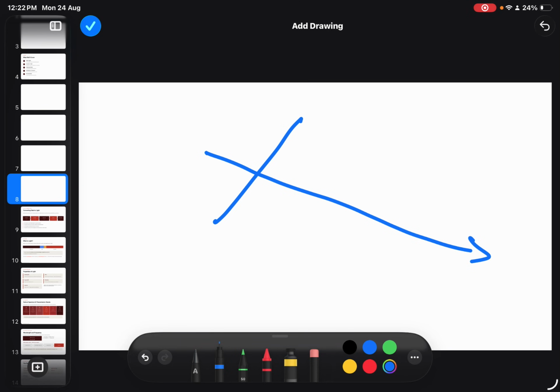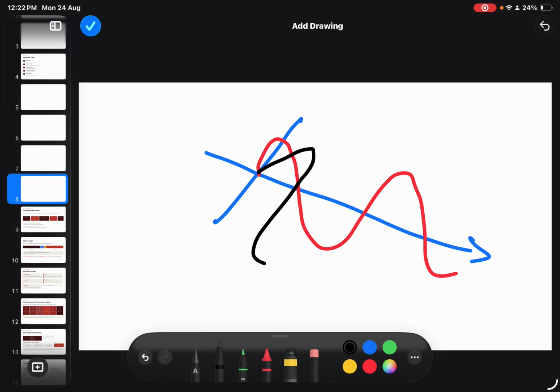Let me take a different color, so that the orientation of light can be visible.